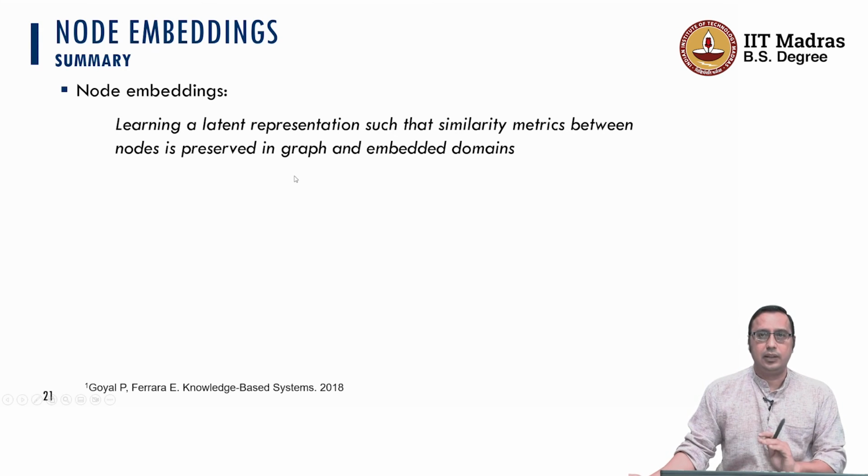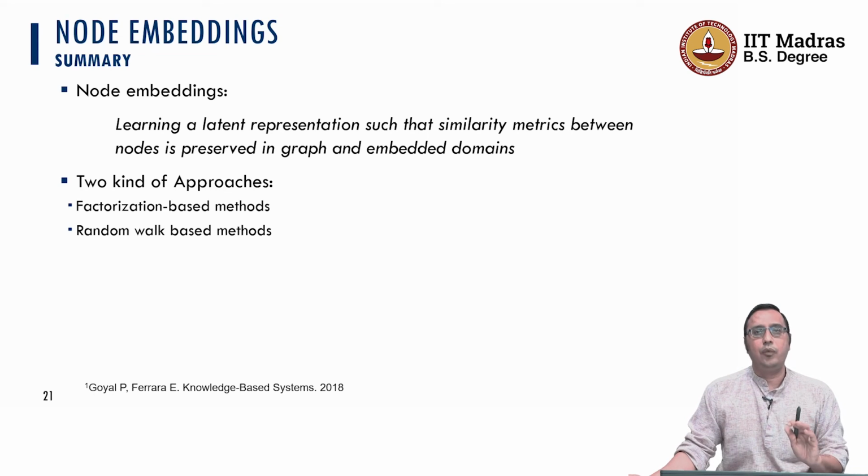So if we want to learn latent embedding in this manner, we have studied 2 kinds of approaches. One is factorization based methods, where we have studied how we can factorize a similarity matrix to learn the embedding. And another one which we have learned is random walk based methods, where we have looked at only DeepWalk and used the hierarchical softmax approach to find the stochastic embedding.